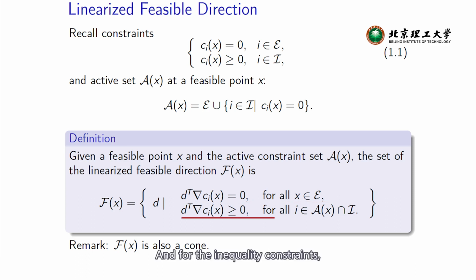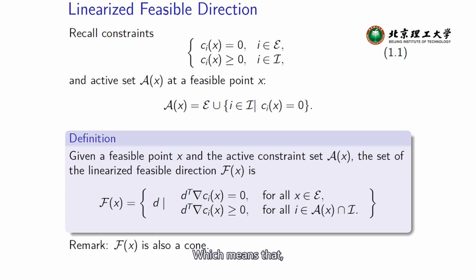And for the inequality constraints that are also active constraints, the inner product of the direction with the gradient of the constraint must be greater than or equal to 0, okay?